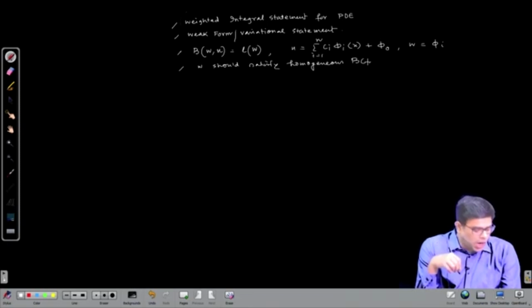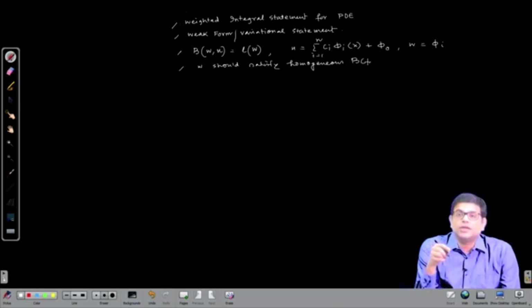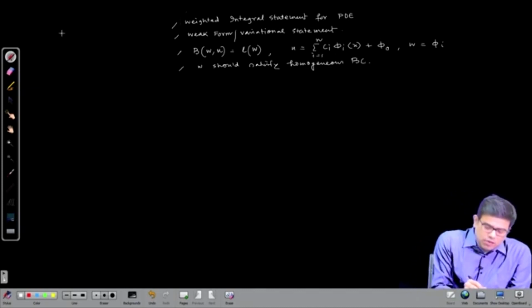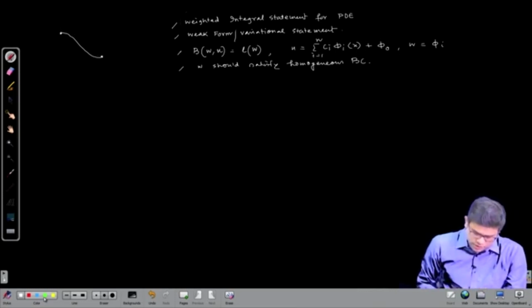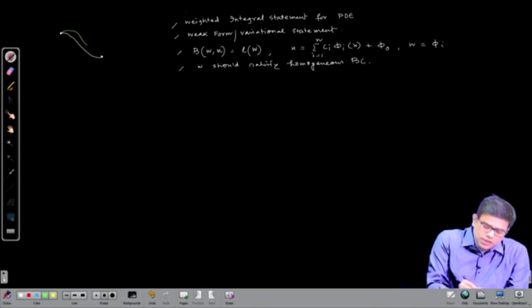W should be 0 at the boundary where the field variable is specified, not for the Neumann condition. So, in the case of a Dirichlet boundary condition or the kinematic boundary condition, the weight function W should satisfy the homogeneous boundary condition. If you remember our Brachistochrone problem, at these points this is the curve, so I can construct several such curves which satisfy these two conditions.